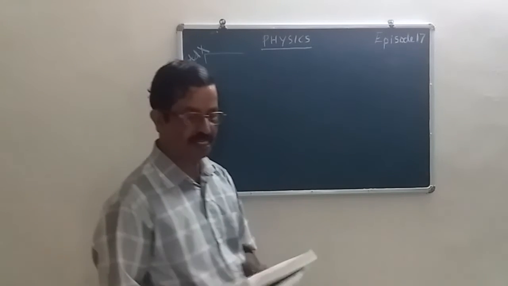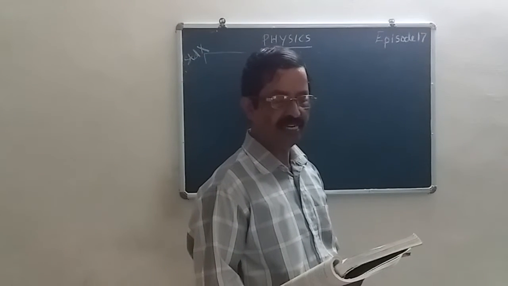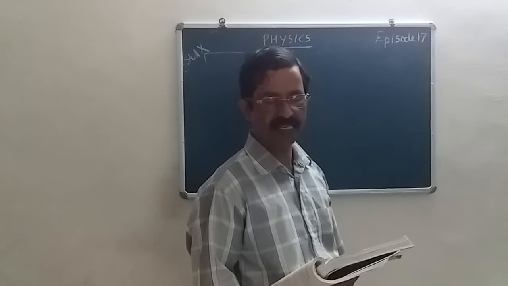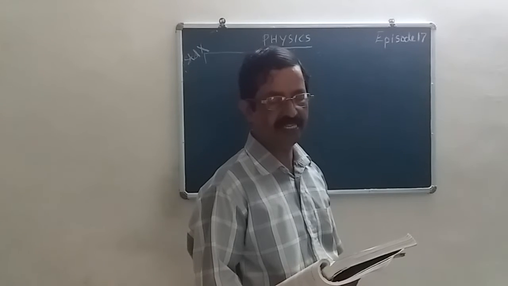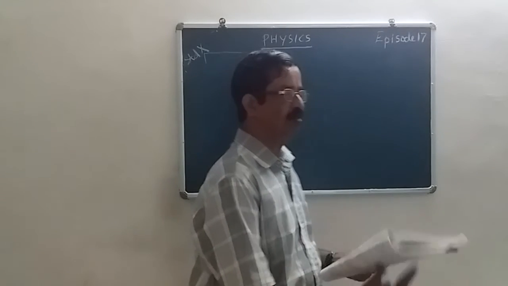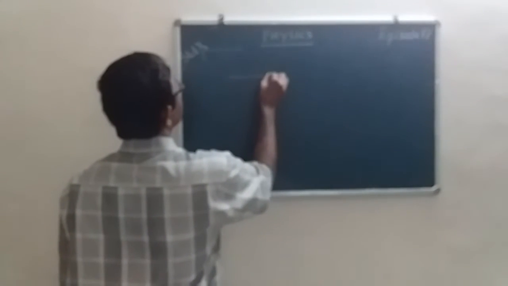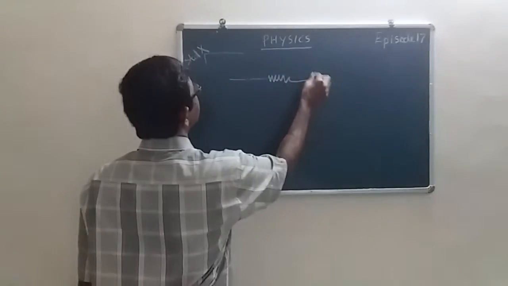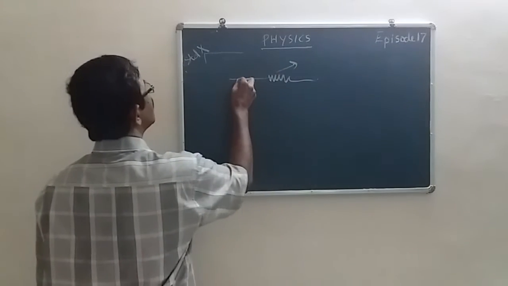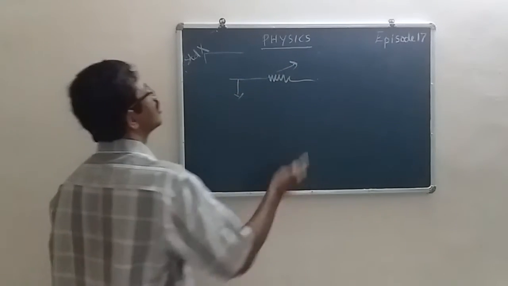Among that, the first one is: why does the cord of an electric heater not glow when the heating element does? Suppose we know in an electric heater, this is the heating element. This part is the cord.